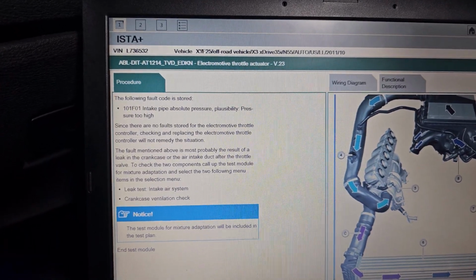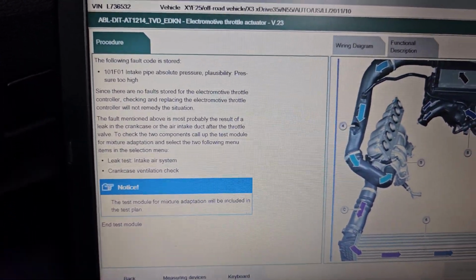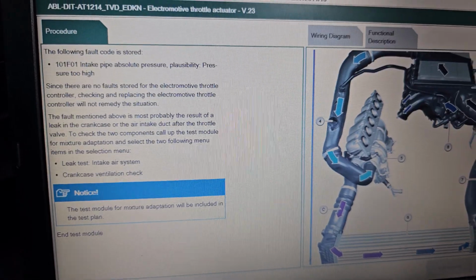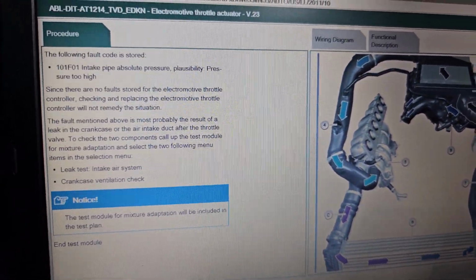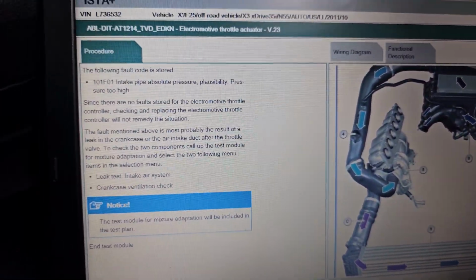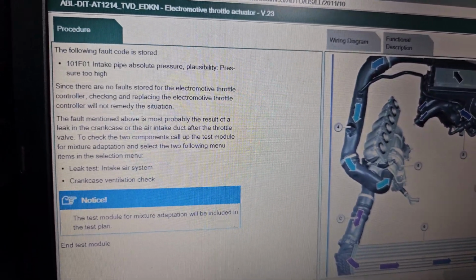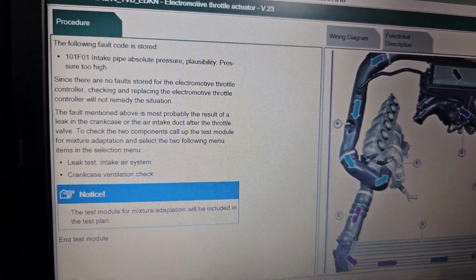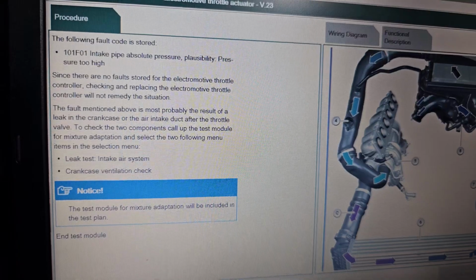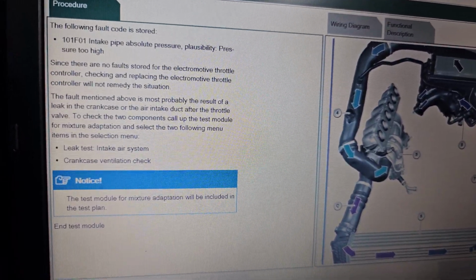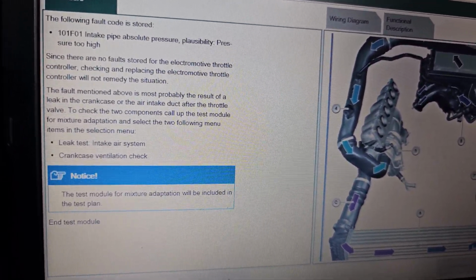If the following is stored, intake pipe absolute pressure plausibility shows too high, since there are no faults stored in the electronic throttle controller, checking and replacing the electromotive throttle controller will not remedy the situation. You know, it will not fix it.